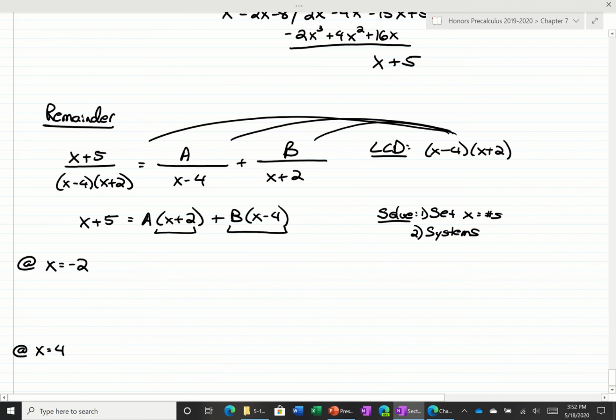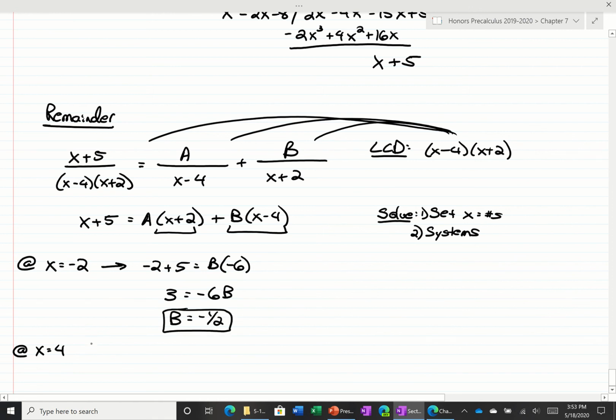If you don't remember me talking about this, go back to part 1 of partial fraction decomposition. So this will be negative 2 plus 5 is equal to B times negative 6. So this will be 3 is equal to negative 6B, and B would be negative 1/2.